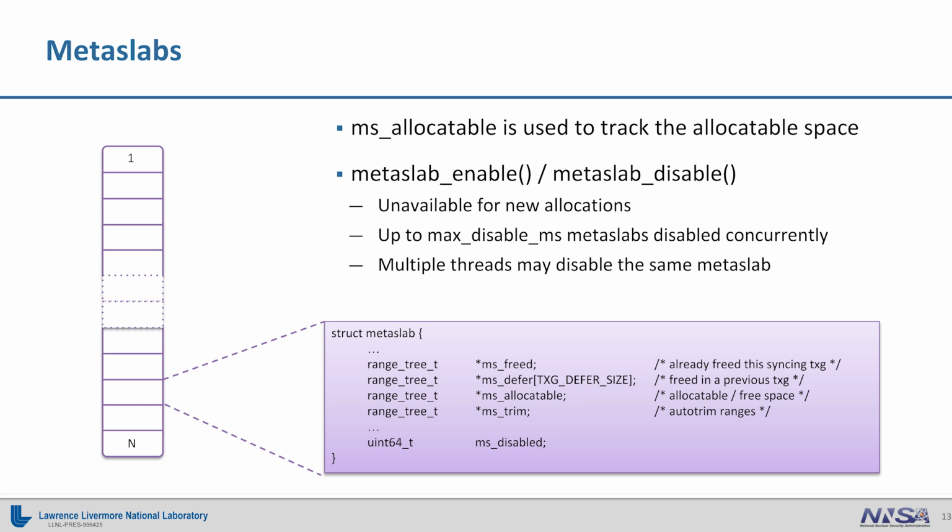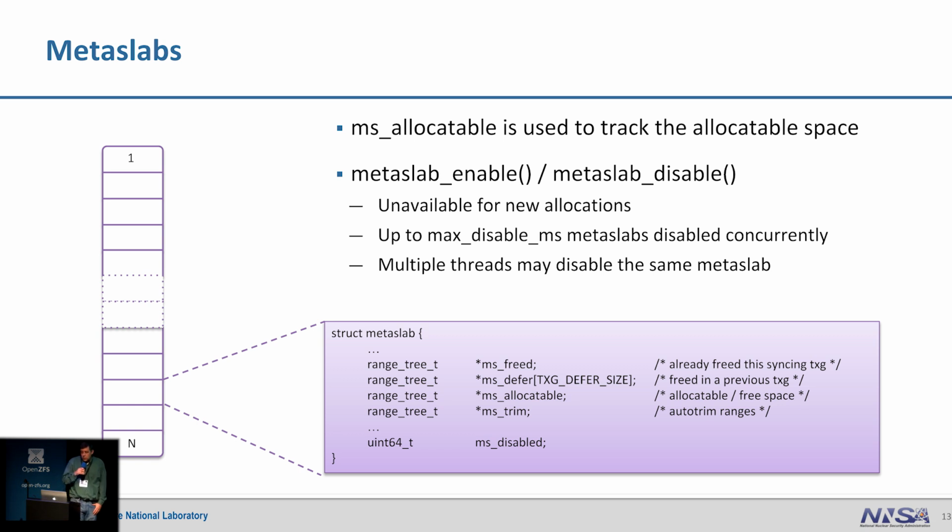There's a range tree in each metaslab called MS allocatable, and it's what's used to track the allocated space on disk. Right? So this describes all the free space and what we're going to need to trim from this particular metaslab. Building on the work that was done for VDEV initialize, we added the concept of being able to enable and disable one of these metaslabs.